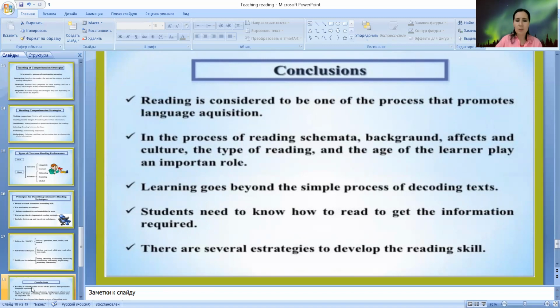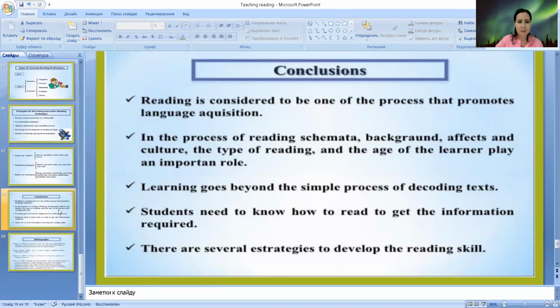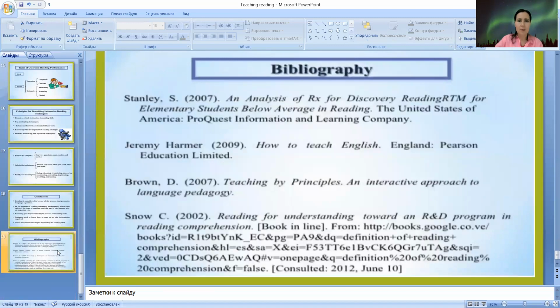Learning goes beyond the process of decoding texts. Students need to know how to read to get the information required. There are several strategies to develop reading skills. Let's do the conclusion.